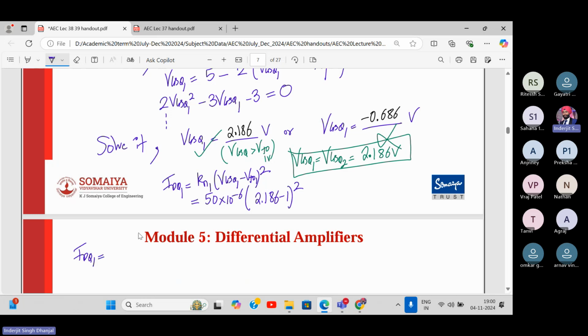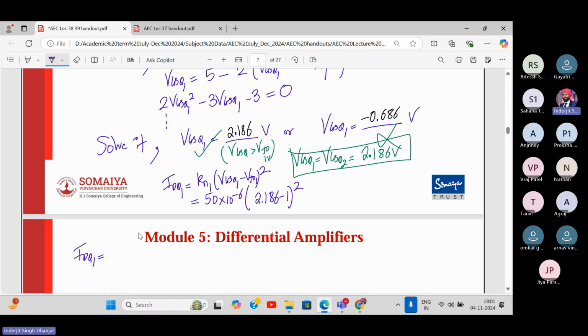IDQ1 is how much? It's 70.33 microamperes, correct?